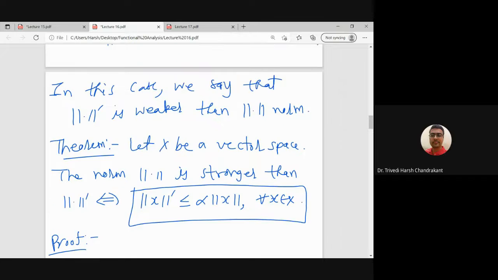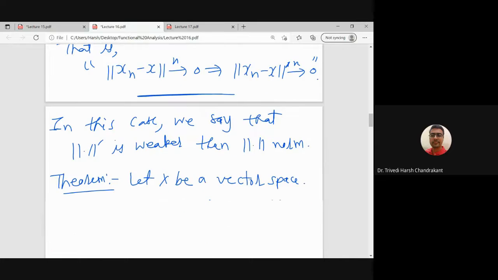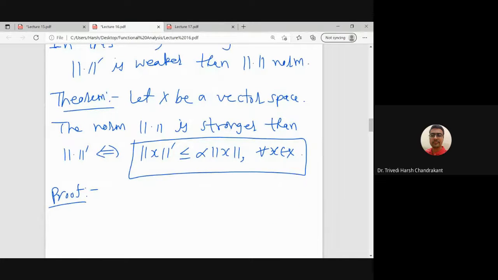To discuss strongness, we need to just check this condition: xn converges to x in the first norm implies xn converges to x in the weaker norm. Let us first prove the converse, which is quite trivial. Let us call this the star condition.